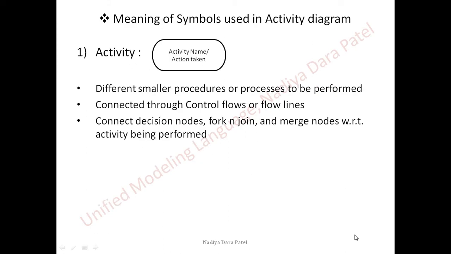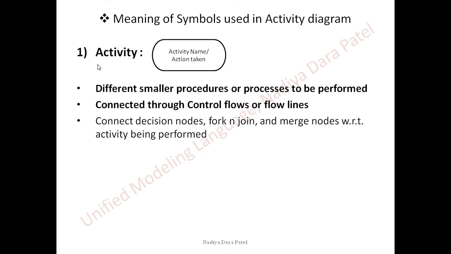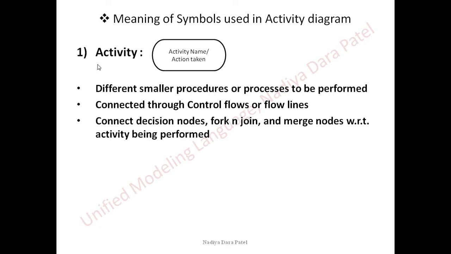Now let us understand the meaning of our first symbol, which is the activity symbol. We are just going to collect smaller procedures or processes to be performed by our system. We are going to connect them through flow lines or control flows. They are also connected to decision nodes, fork and join nodes, and merge nodes with respect to the activity being performed.